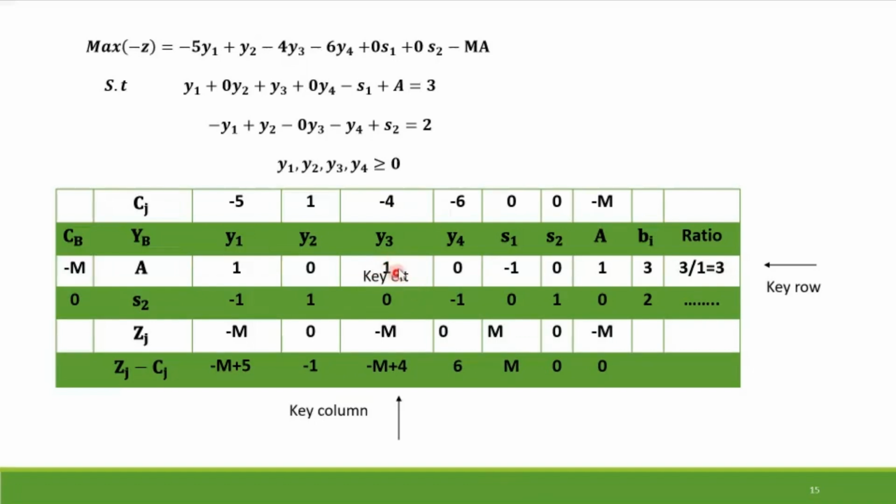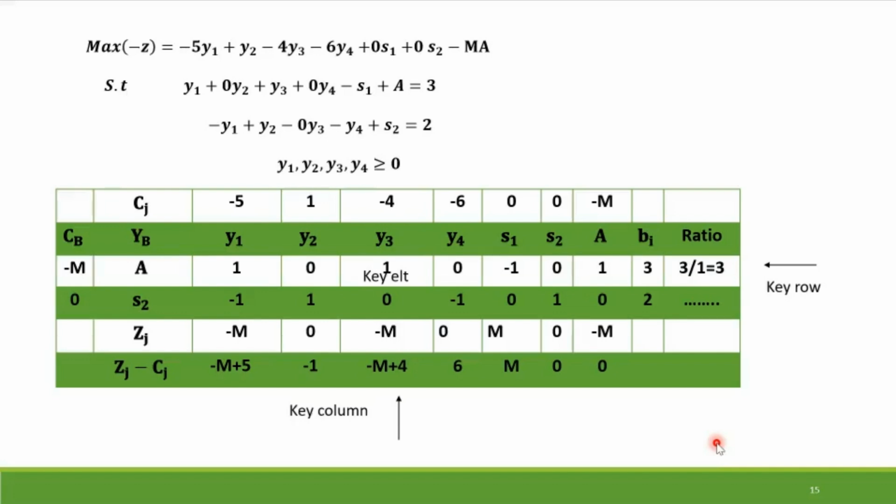Now the key element is already equal to 1. You have to make only this element equal to 0 by using the row transformation. So leave this and the row in the zj column. So what will I do?